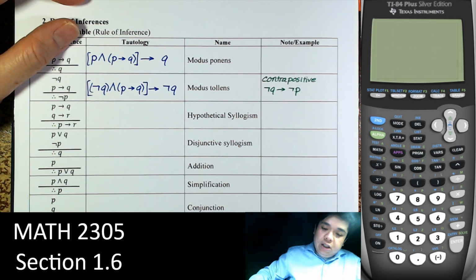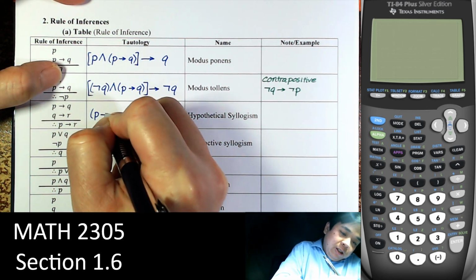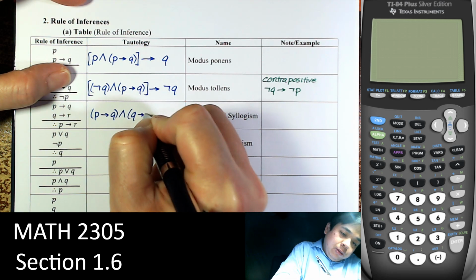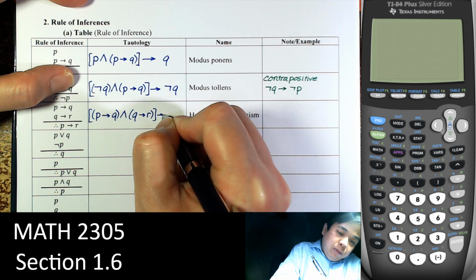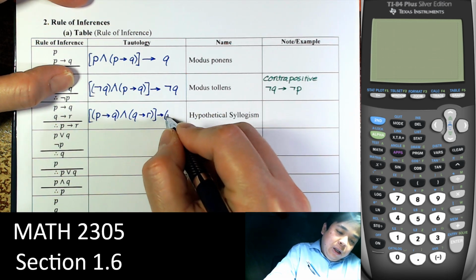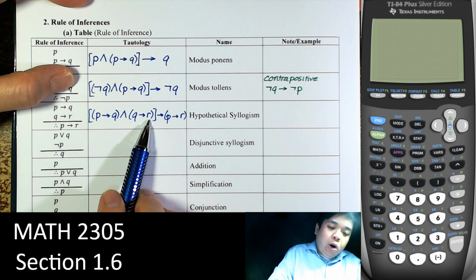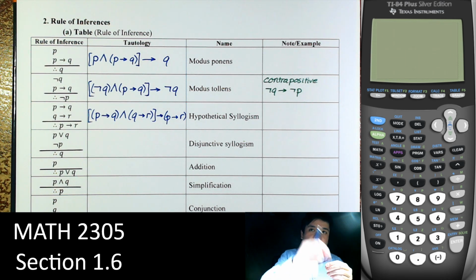The next one, again, I will write all the premises, and that implies P implies R. So when we look at this, P to Q, Q to R, therefore from P to R. Like if we go from A to B and then from B to C, that means we go from A to C totally.